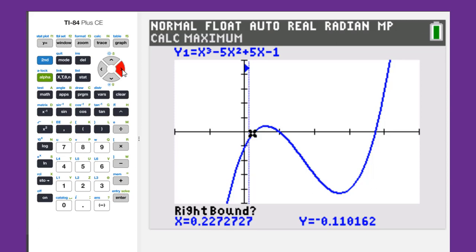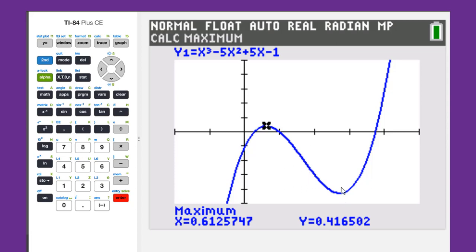Then they ask you right bound. That means I need to move this arrow to the right side of this maximum. I put the enter. Then enter. Yeah, they give you the maximum value, that's 0.417.